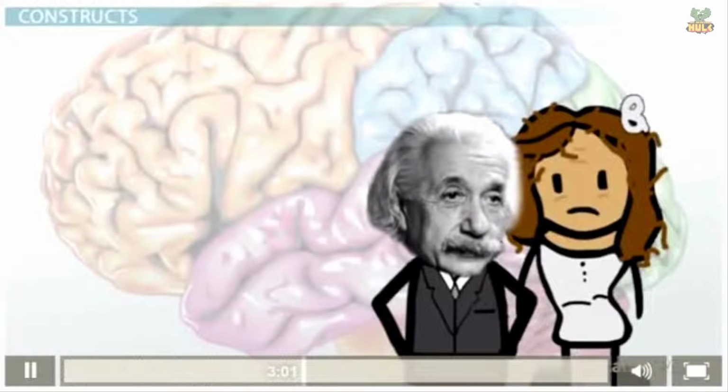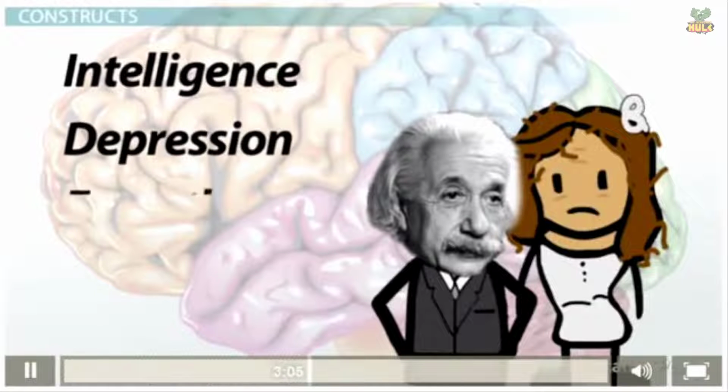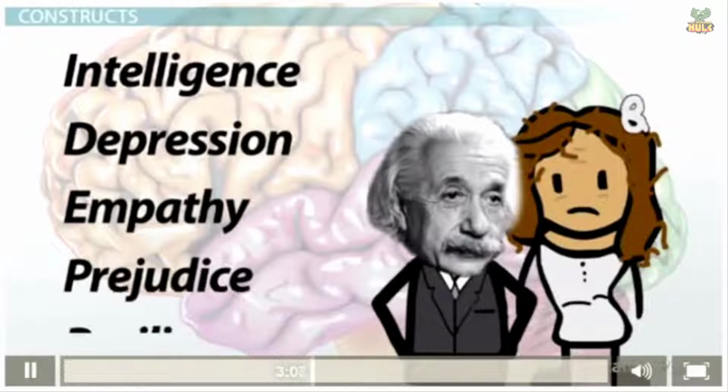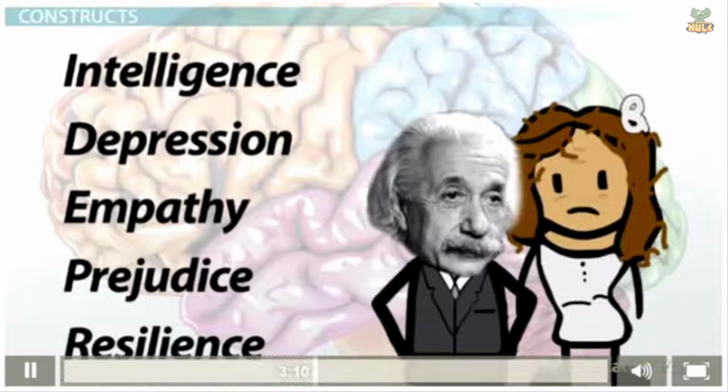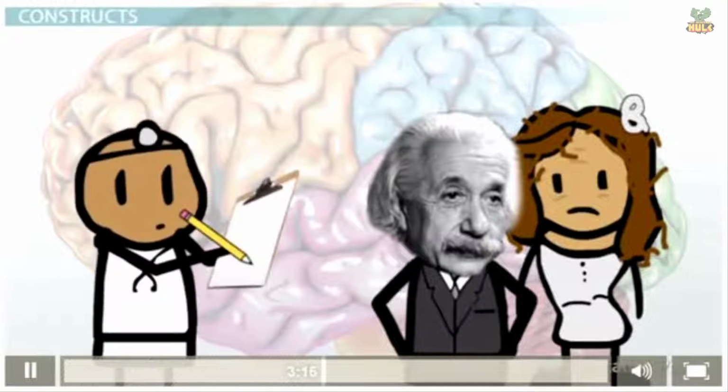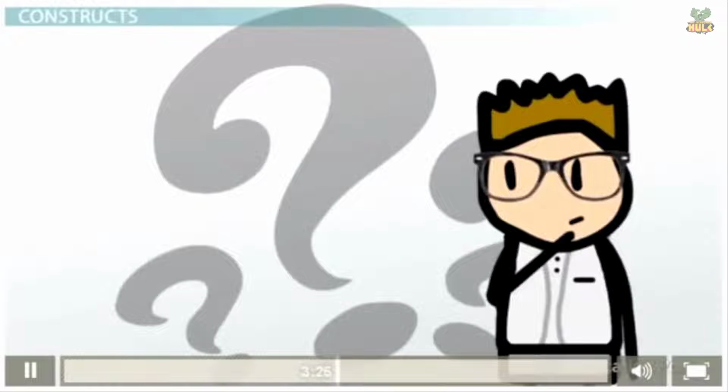Almost all psychological traits are constructs. Intelligence, depression, empathy, prejudice, resilience, these are all psychological traits, and none of them can be directly observed. Instead, psychologists have to look at people's words and behaviors and draw inferences about how those words and behaviors might relate to the underlying construct. But what if what you think is related to an underlying construct really isn't?